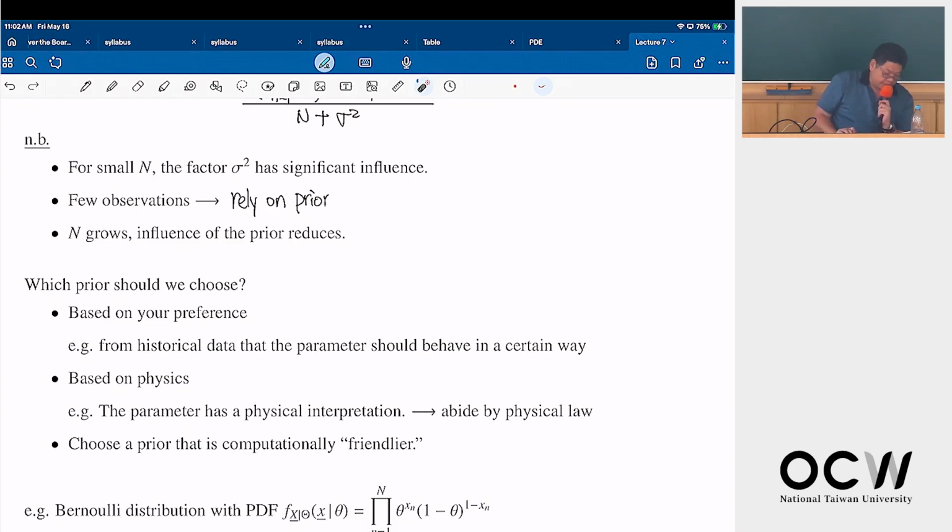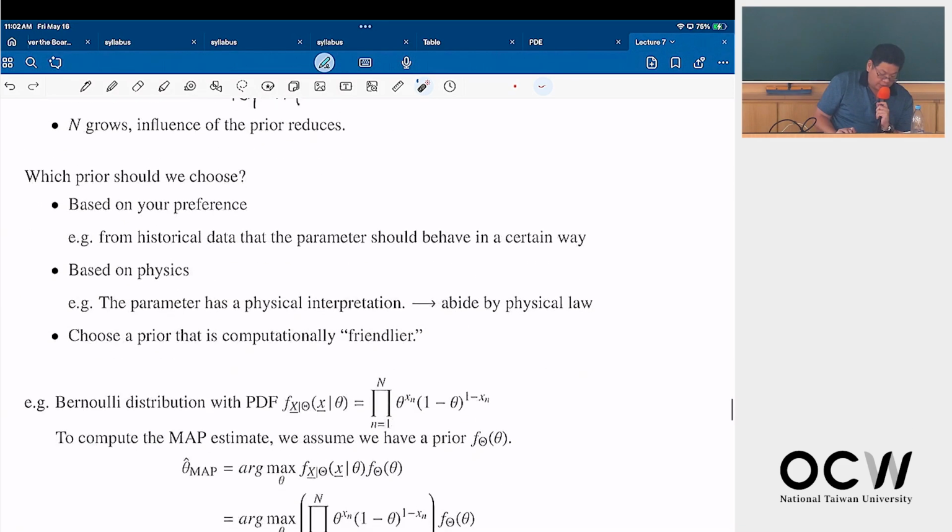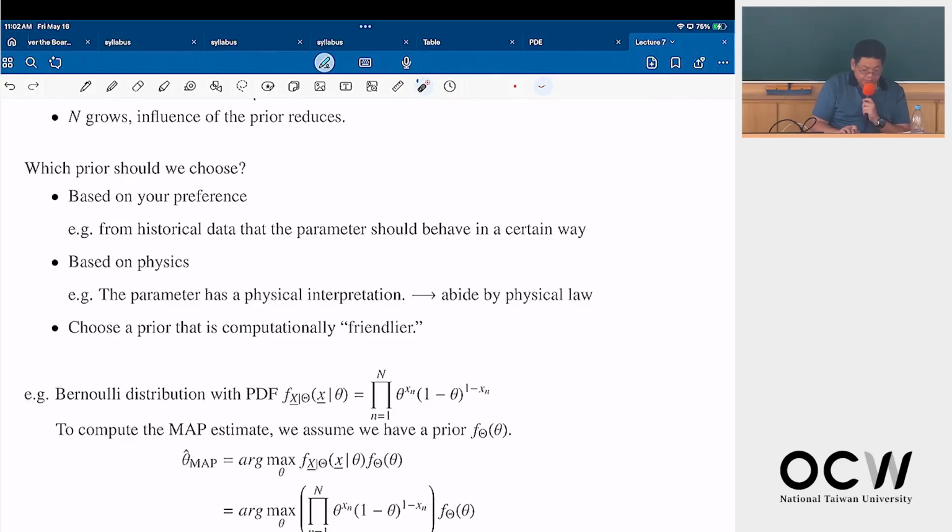First, see this example. If I have a Bernoulli distribution with this PDF, and I want to find a MAP estimate, this is the MAP estimate.